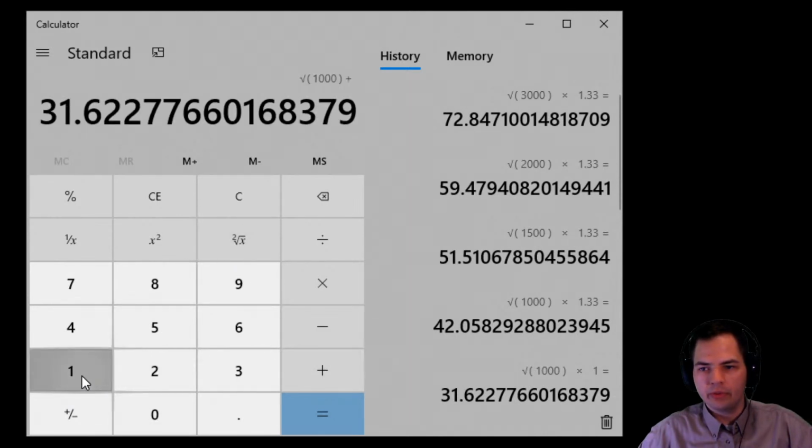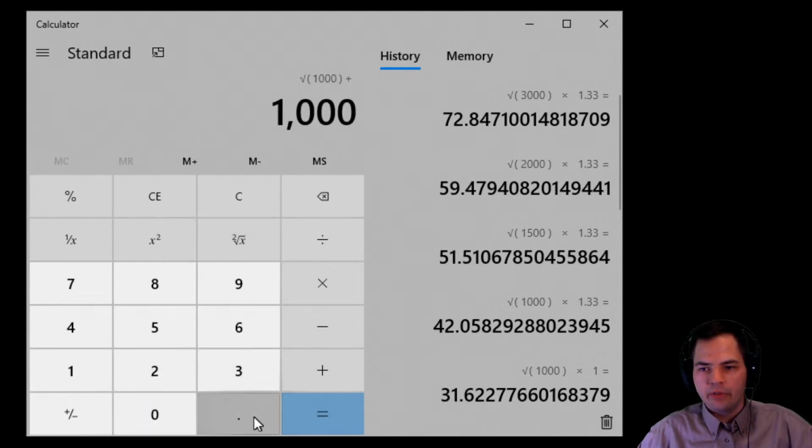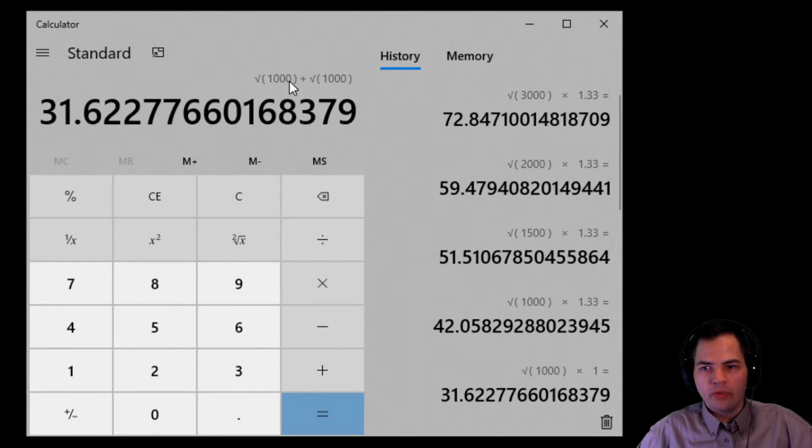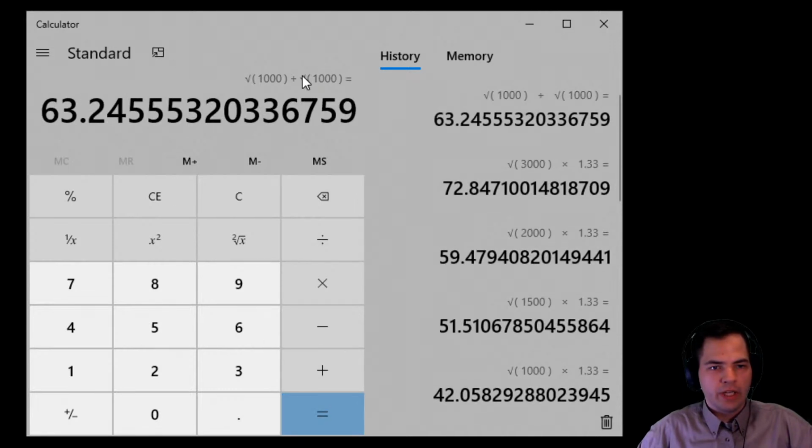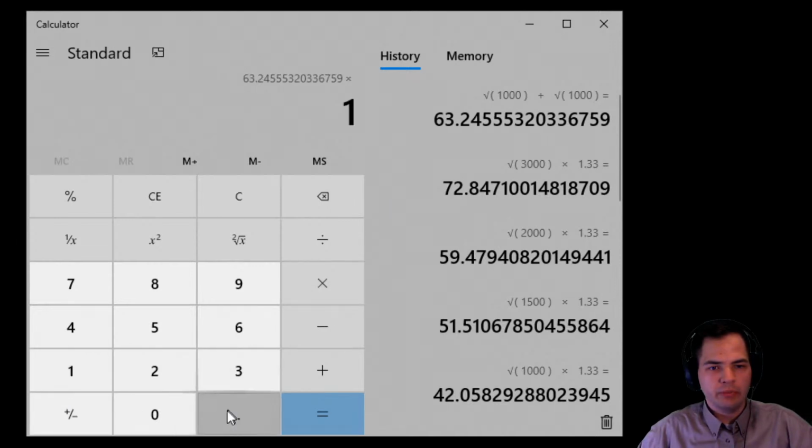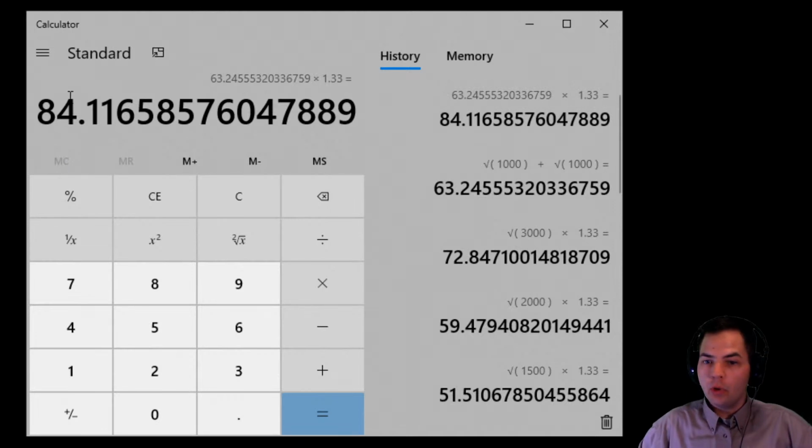So 1,000 square root, and so when I then go square root again, you can see square root of 1,000 plus the square root of 1,000. So that is what I wanted to do, and then multiply that whole thing. So the answer to that, by the way, comes to 63 and change. Multiply that whole thing by 1.33, and it gives me 84.